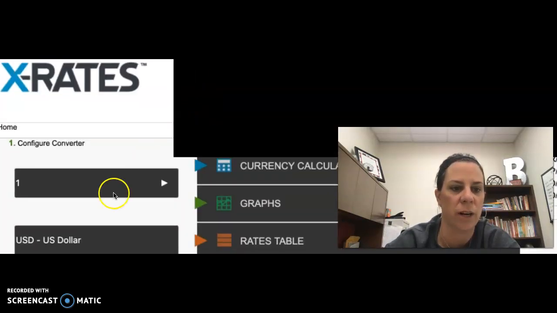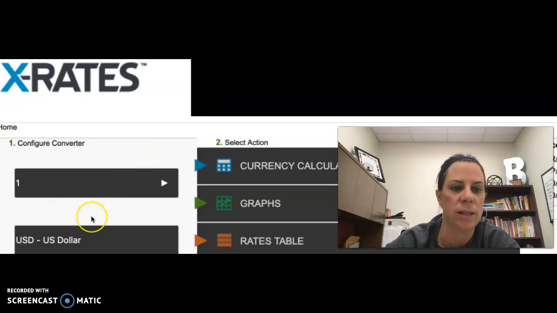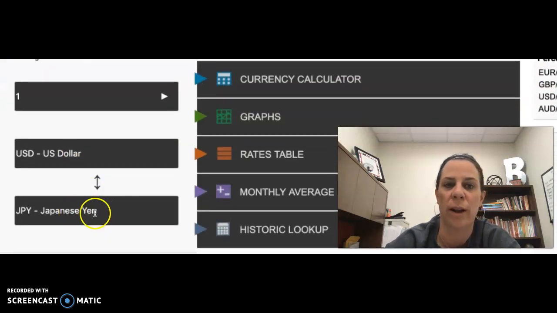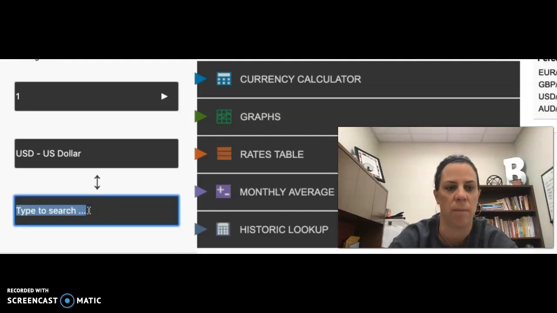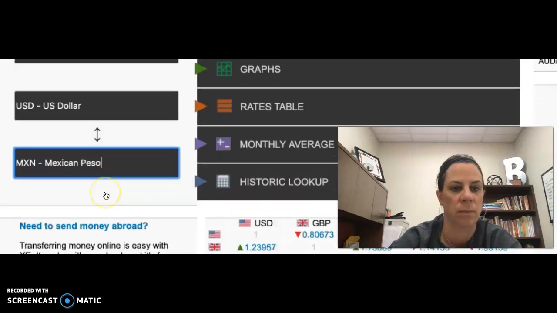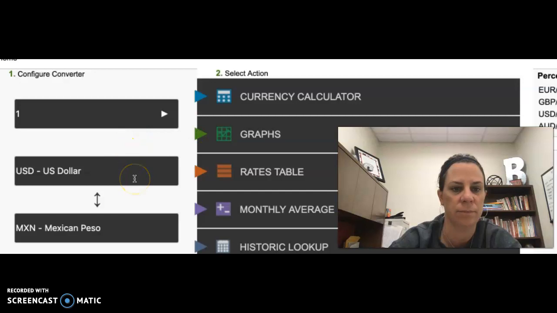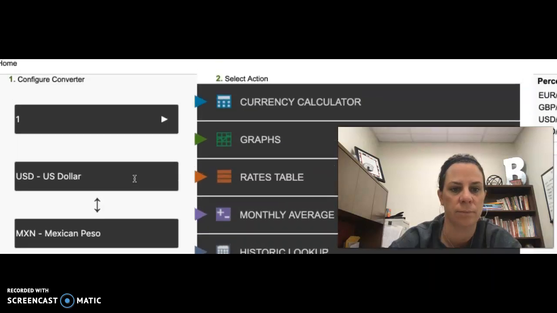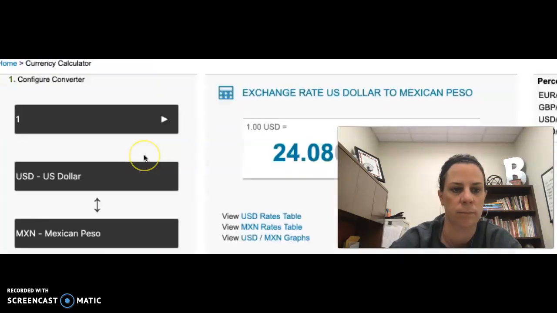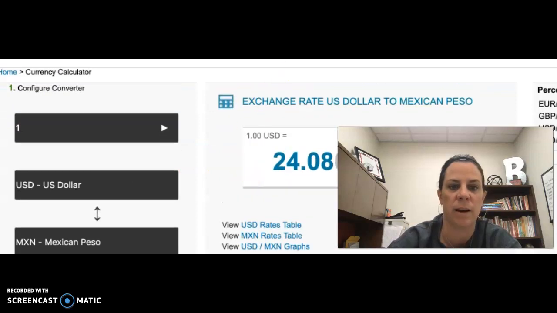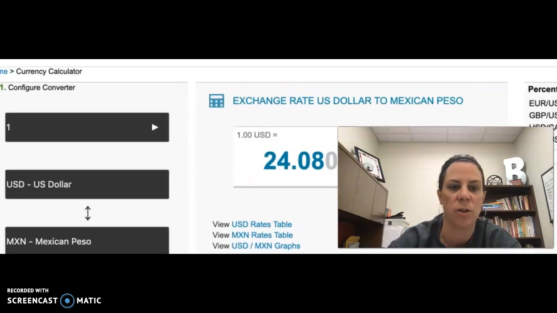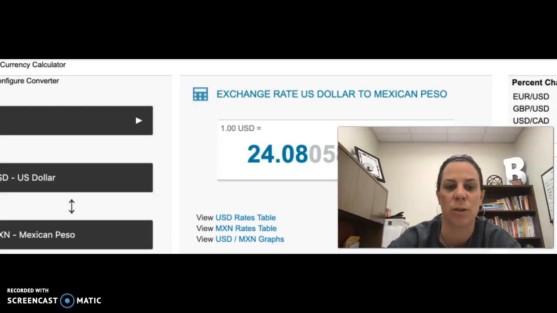So I can go over here and type in $1 US to whatever I'm trying to convert it to. So I'll put in pesos, and then I'll say currency calculator. And it tells me right there that $1 US today is worth 24 Mexican pesos.